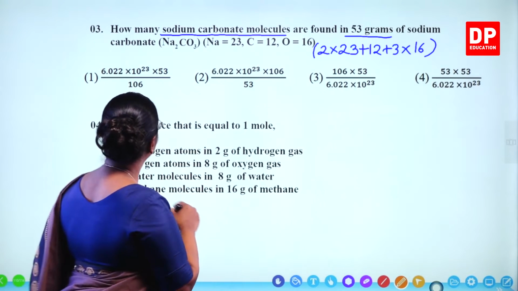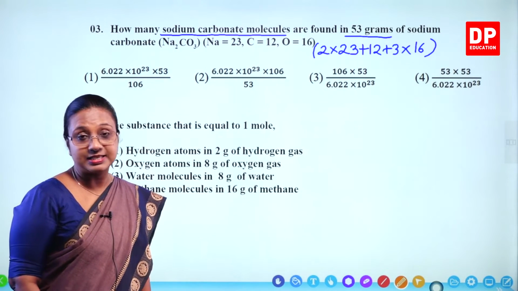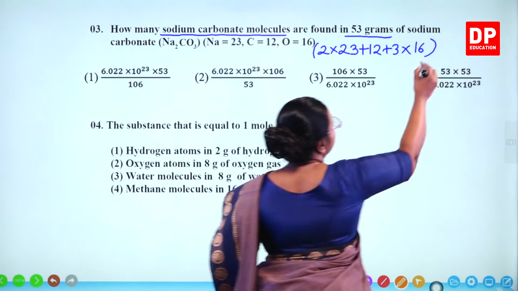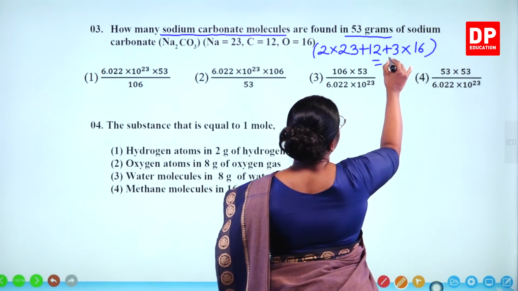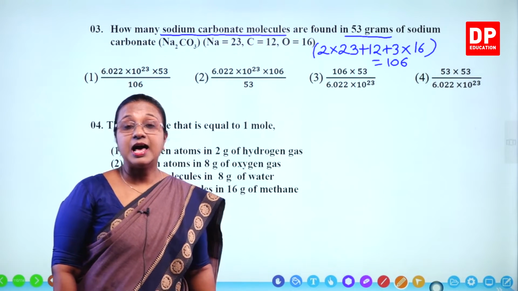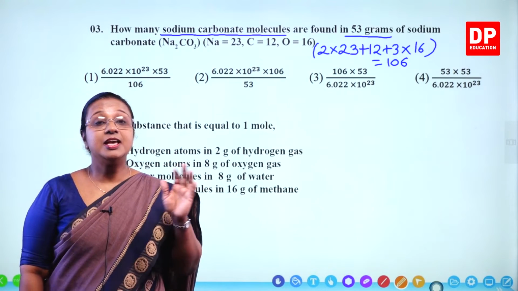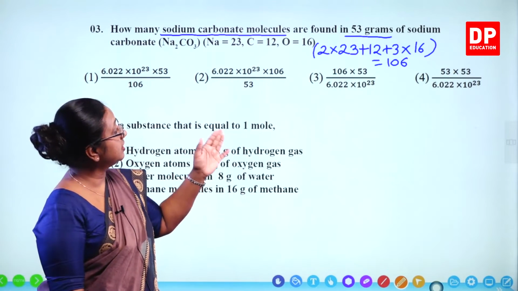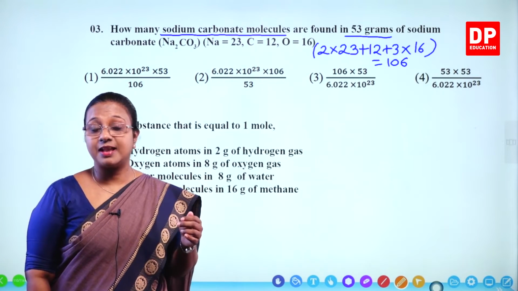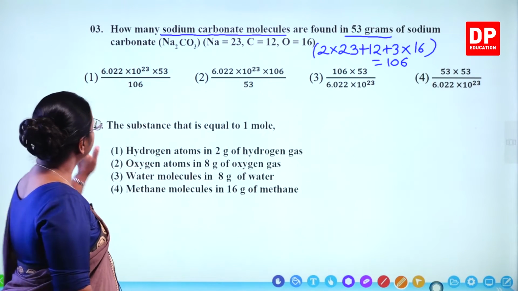That will be equal to 106. So that is the relative molecular mass or molar mass of sodium carbonate, 106. If it is relative molecular mass, it's only 106. If it is molar mass, it's 106 grams per mole. So you know the values.